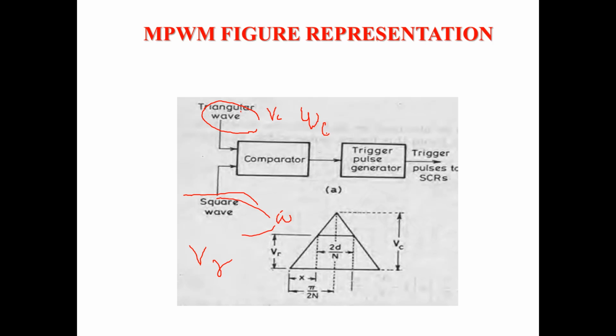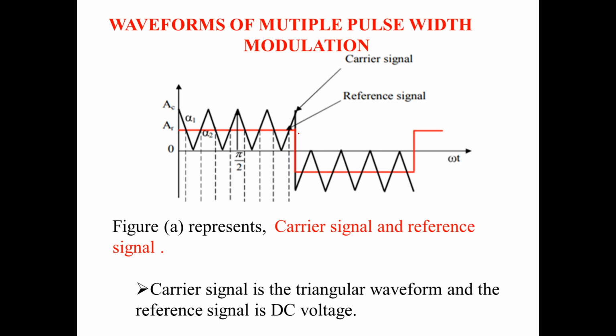From the diagram, this is my carrier signal and this is my reference signal, with different angle representations. Here the carrier signal is a triangular waveform and the reference signal is a DC voltage. The pulses for the thyristors are triggered at the points of intersection of the carrier and reference signal waves.